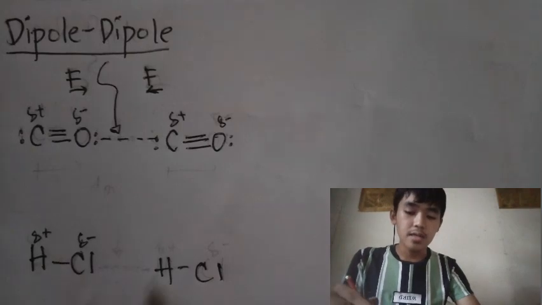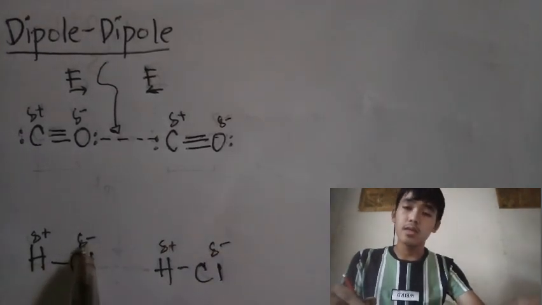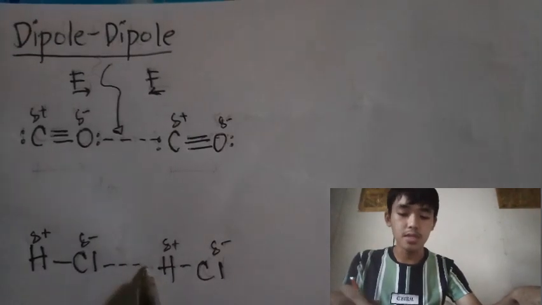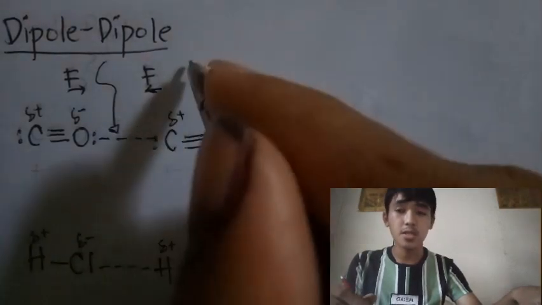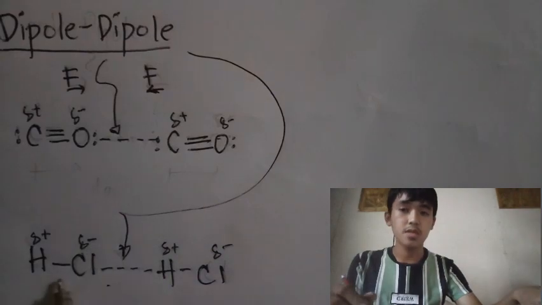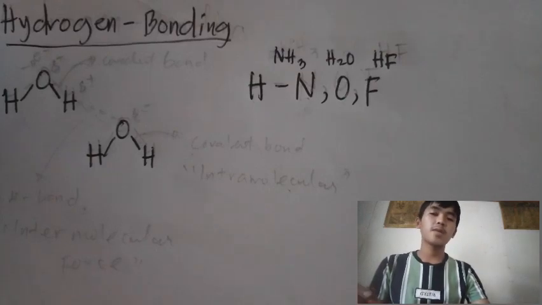So again, this negative partial charge of chlorine will be attracted to the positive partial charge of hydrogen, and the interaction that occurs there is what we call a dipole-dipole interaction between these two dipole molecules, the hydrogen chloride.